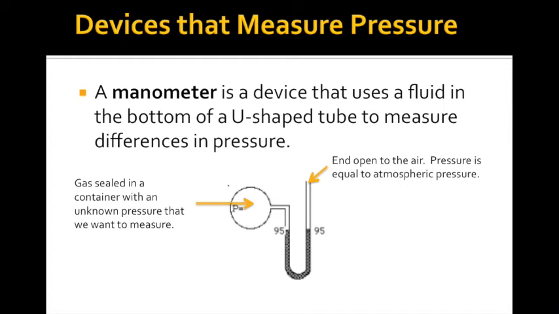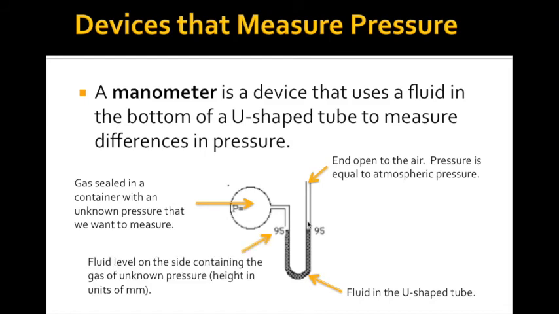So whatever the air pressure is in the room, those particles are able to push down into that U-shaped tube. Okay? And there is a fluid, usually mercury, a heavy liquid, in the U-shaped tube, and it starts equal. You'll notice that they're both at 95. That's the height of the mercury in the two tubes.